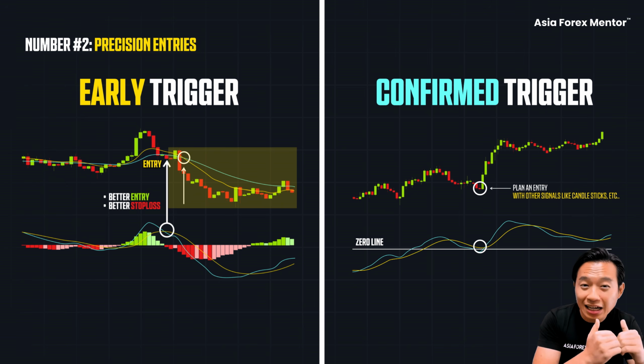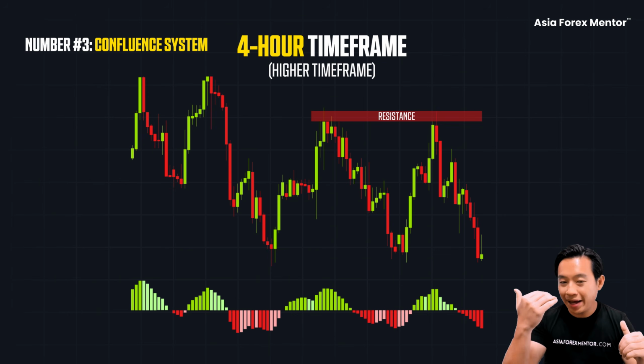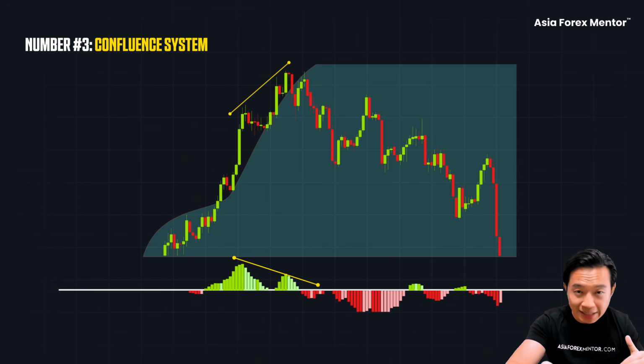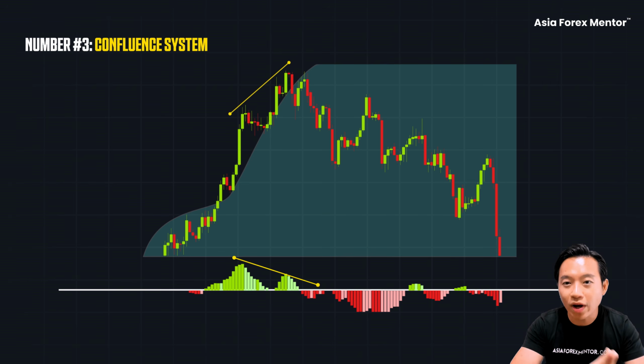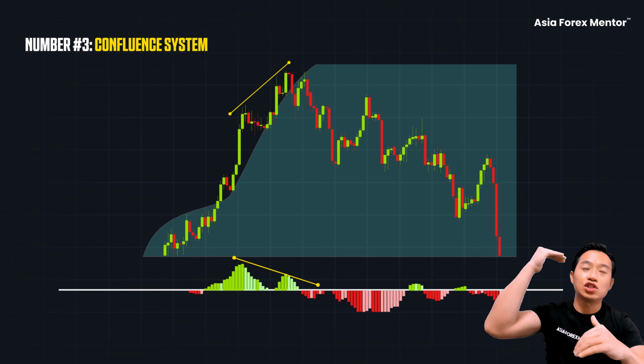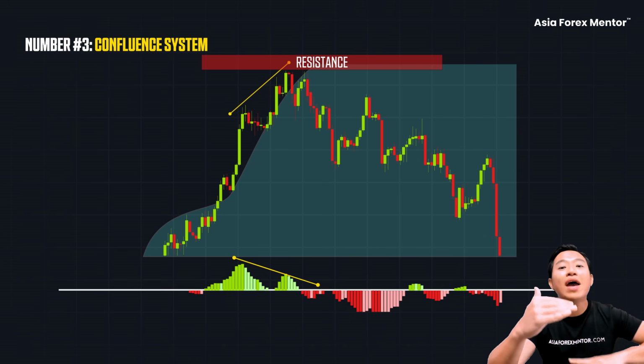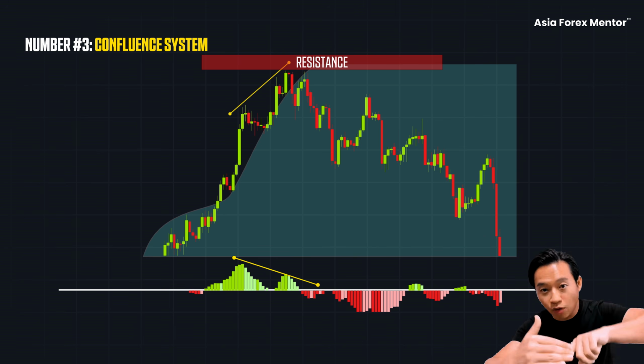But we don't just enter early based on one signal alone. We add in confluence. We add in the MACD with zones, with the Bollinger Bands. And who says confluence one cannot combine with confluence two? For example, you've got MACD divergence, and then you hit the higher time frame support or resistance level. Then you add the Bollinger Band when price comes back down into it.